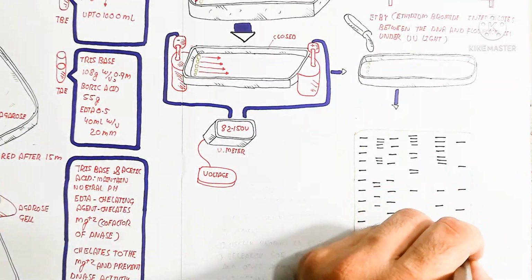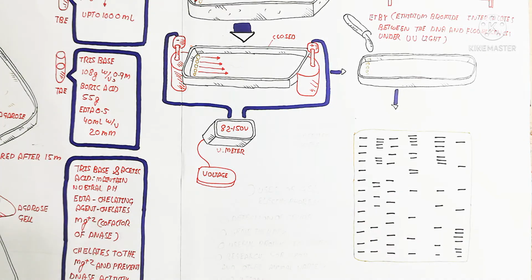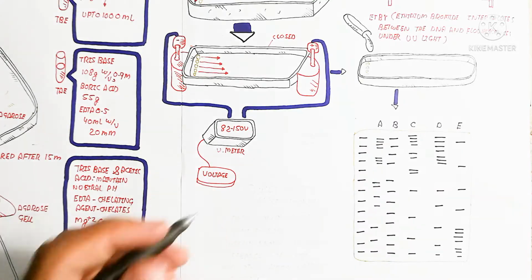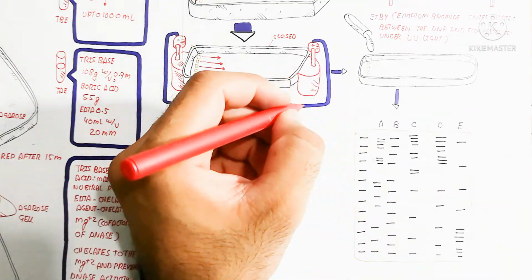So after this putting, we can take the sample as a gel, and we can show the gel in the form of a graph in this diagram.